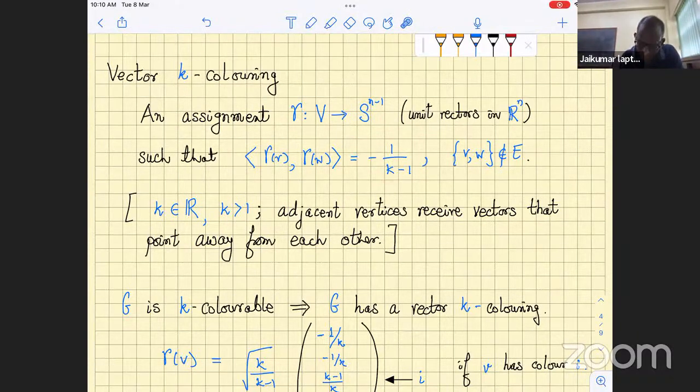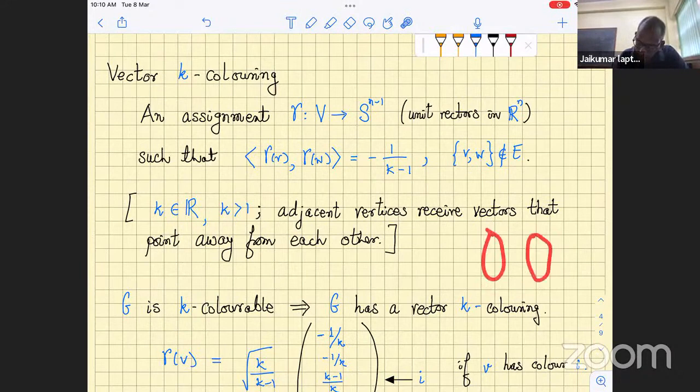So this might annoy you. Why do we write k minus 1 here instead of k? Maybe I can give you an example. Suppose the graph is bipartite. There is a graph and it is bipartite.